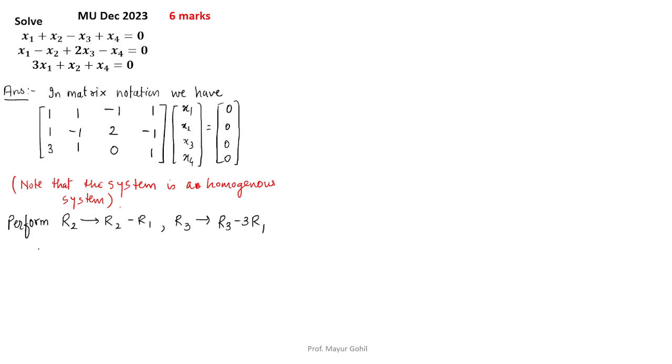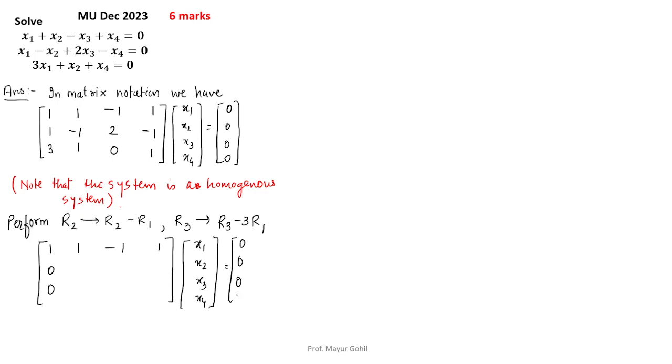So what we get here is 1 0 0. The first row remains unchanged. The matrices x1 x2 x3 x4 and the matrix of constants will also remain unchanged because it's homogeneous, so a trivial solution always exists for it. We are searching for a non-trivial solution.